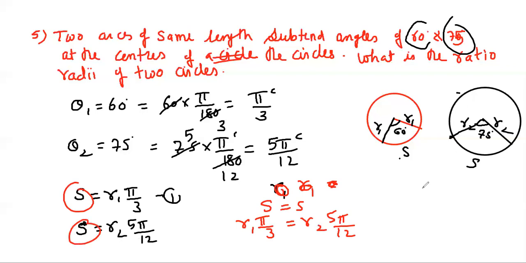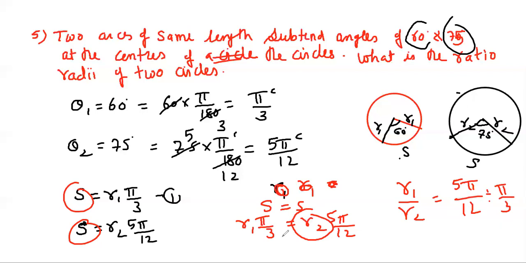Now R1 upon R2. What I did was take this R2 to the other side and it got divided, and here we have 5 pi upon 12 divided by pi upon 3. I hope you got how I did it.